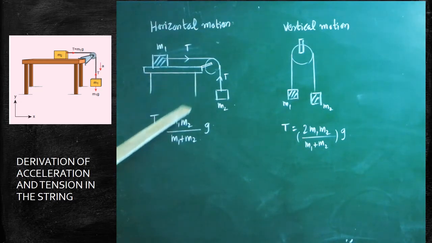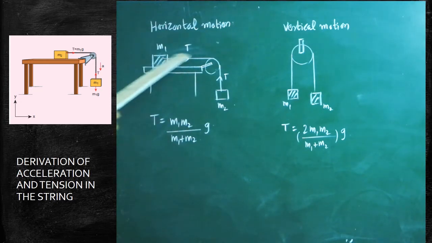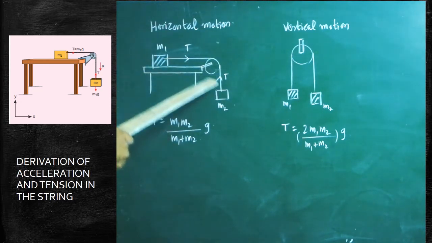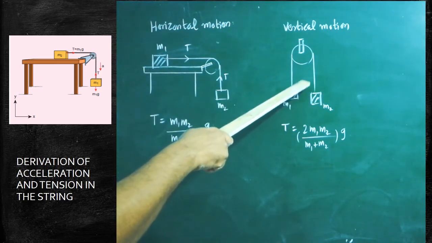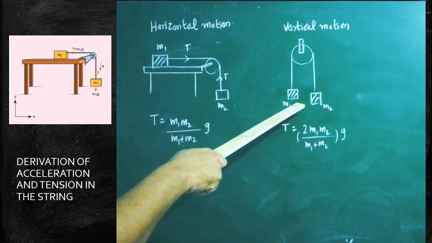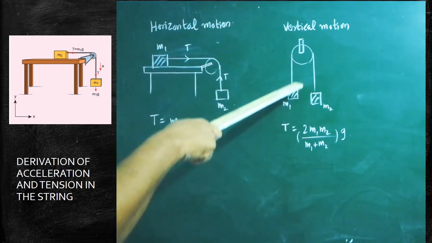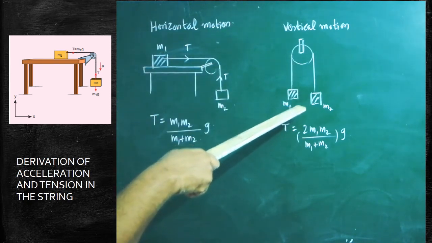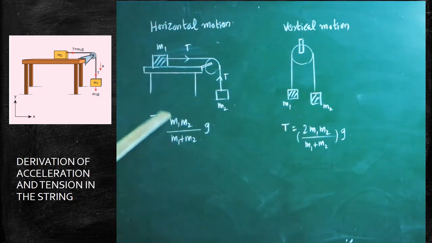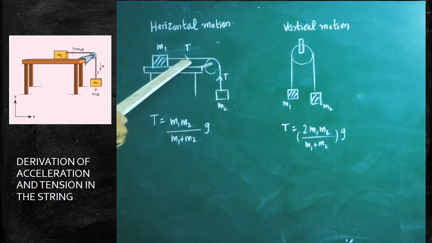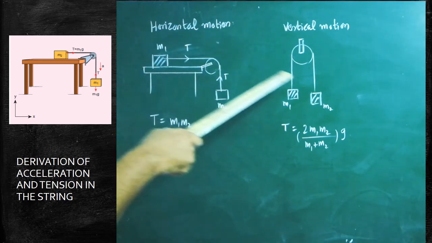Are you clear? Because tension is less. The conveyor belts work for a longer duration than those used in cranes. In the case of cranes, the system will be vertical. There also tension is acting, but the tension required is more. Here the tension required is less. Therefore, the life of the conveyor belt in the case of the horizontal conveyor belt is more when compared to this one. Okay.